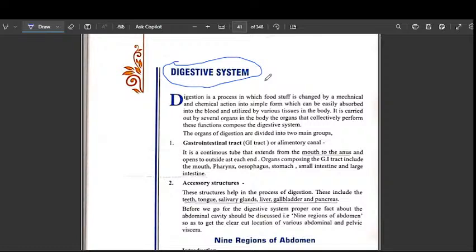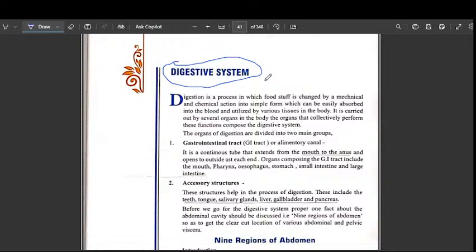Through the tract, the organs are mainly mouth, which is food intake; pharynx, where food is swallowed; esophagus, the tract where the food goes to the stomach; then stomach, a pouch where the food gets digested by the digestive juice, which is acidic in nature; small intestine and large intestine.